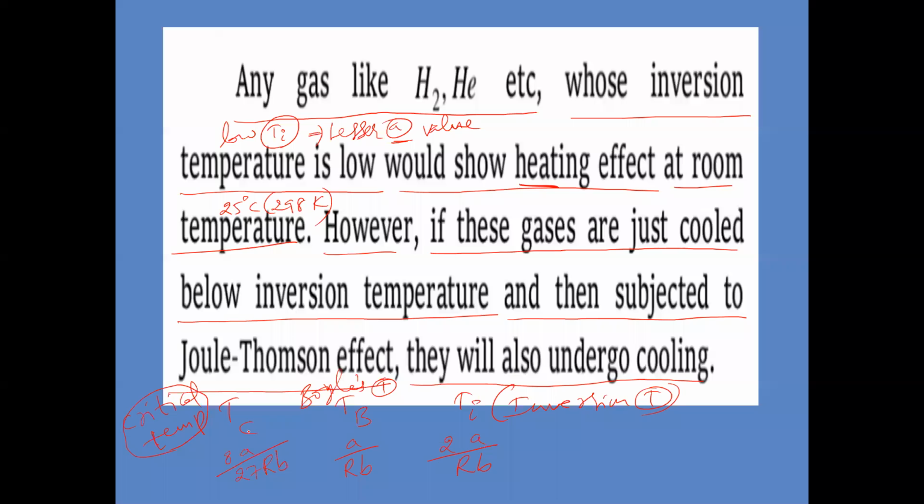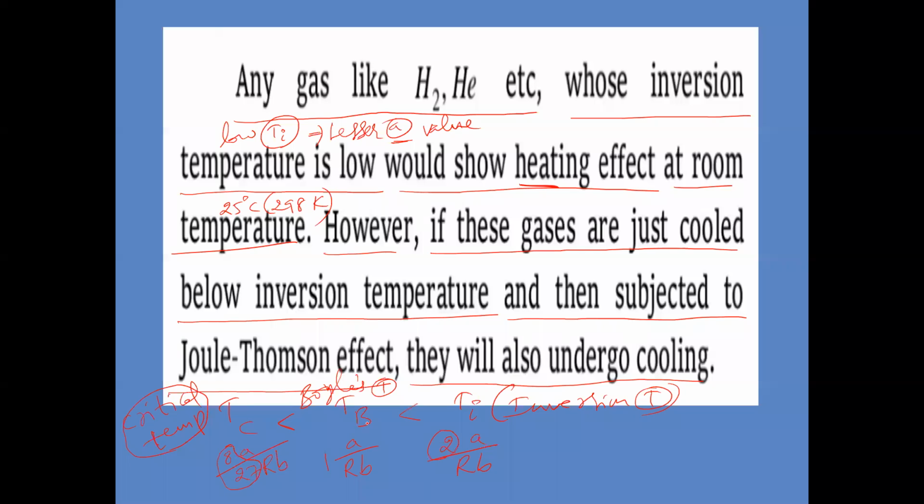What we have to understand here: TC, the critical temperature, is 8a by 27Rb, and 8 by 27 is less than 1, so it is less than 1 times a by Rb. For Boyle's temperature it is 1 times a by Rb, and for inversion temperature it is 2 times a by Rb. So which magnitude is greater? The inversion temperature has more magnitude than Boyle's temperature, which is greater than the critical temperature.